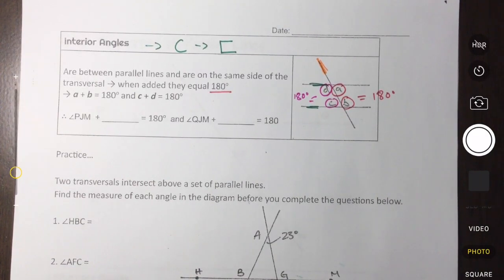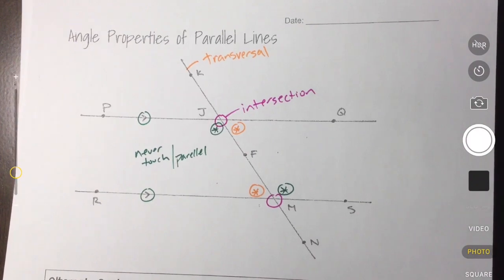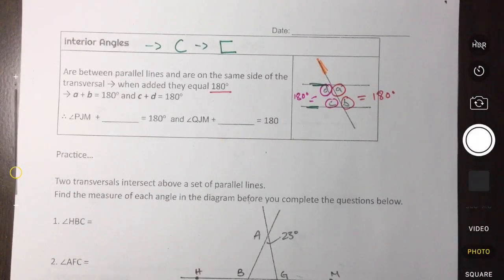So if I take a look back at my larger example on the previous page, what I can look for are angles that are going to be equal to 180 degrees.